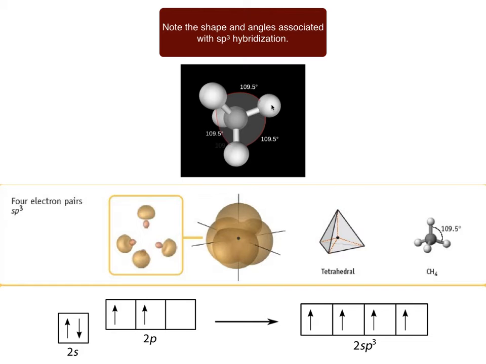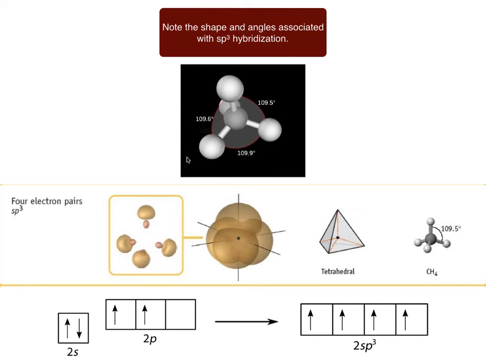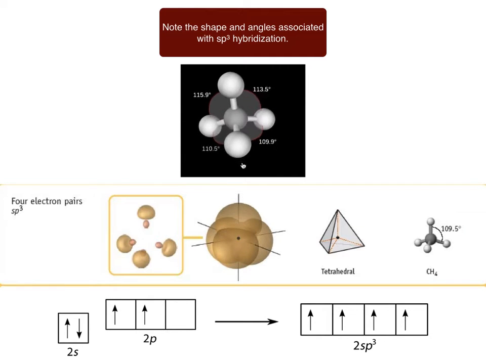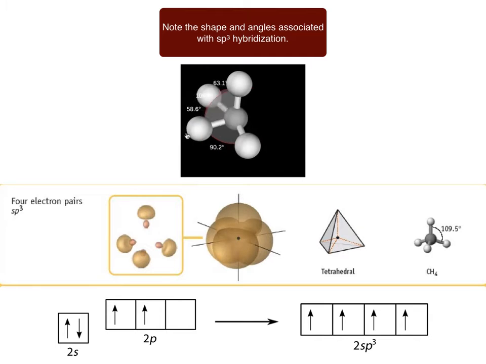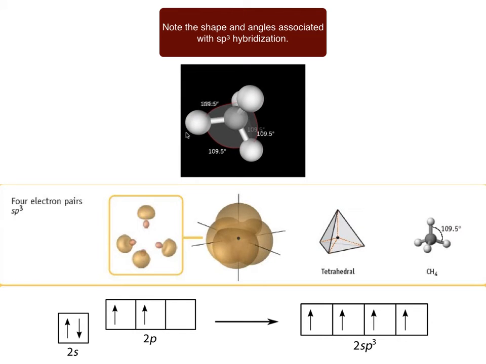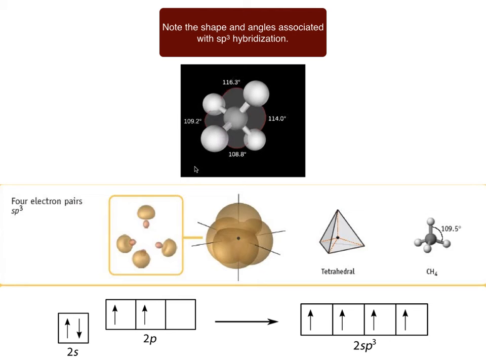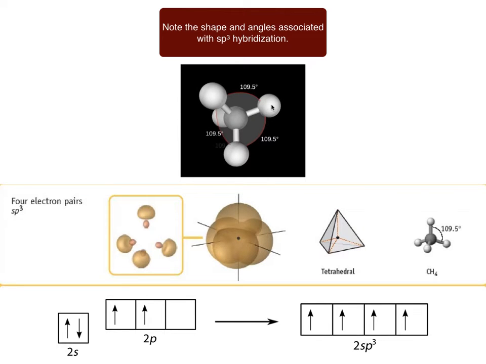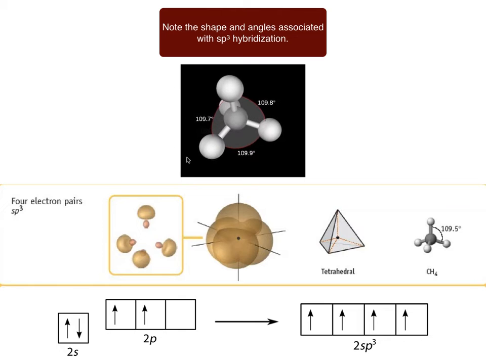In the case of methane, carbon's valence electrons occupy four hybrid orbitals of 1/4 s and 3/4 p character, or four sp3 orbitals.